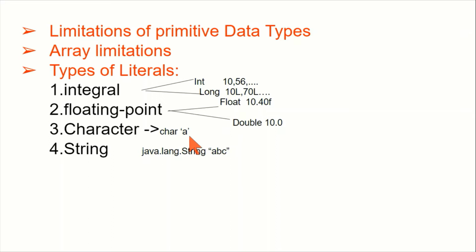In single quotes, we can place either a single space or one character. Next, string literal. Characters placed inside double quotes are considered a string literal. All string literals are of type java.lang.String. In double quotes, we can place 0 to n number of characters.